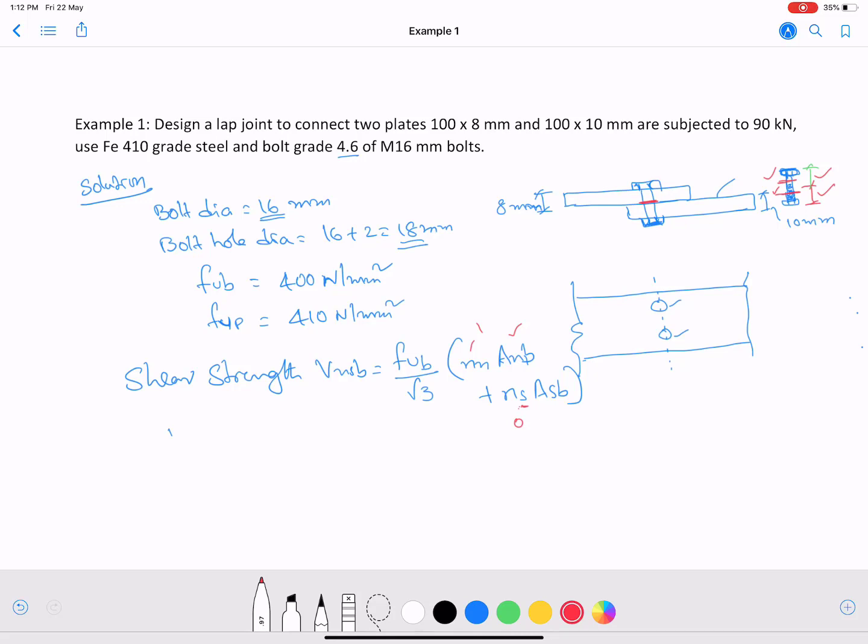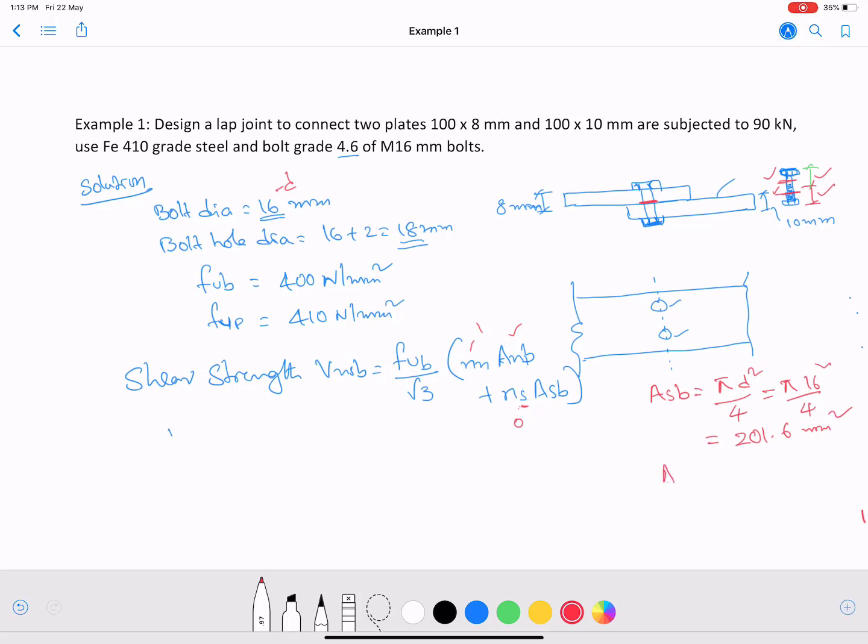So now let's consider what ANB and ASB are. ASB equal to pi d square by 4, where d is the diameter of the bolt. So ASB equal to pi times 16 square by 4, equal to 201.6 mm square.